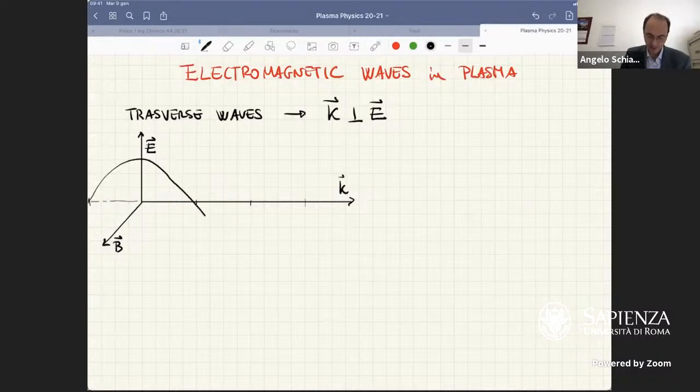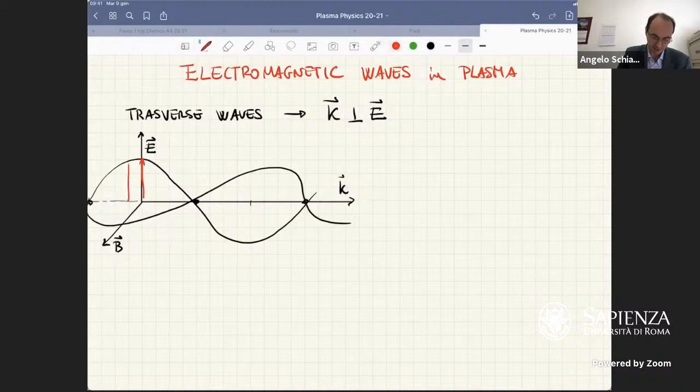And these are the nodes of the electromagnetic wave, and the B field is oscillating in a perpendicular plane. So in perspective it is this one here. The E field, let's suppose to have it maximum here, goes like that. And then it changes direction. And this is the direction of the electric field.